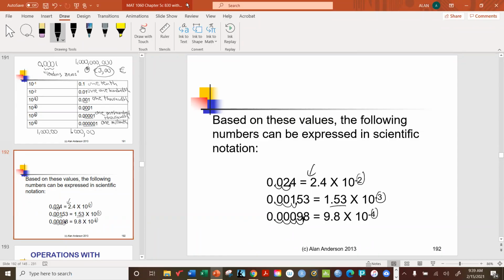So this is what I'm doing: shifting the decimal a certain number of places to come up with this result. But these all have to be negative because these numbers are all less than 1. Okay, so as soon as you see it's less than 1, it has to have a negative exponent.